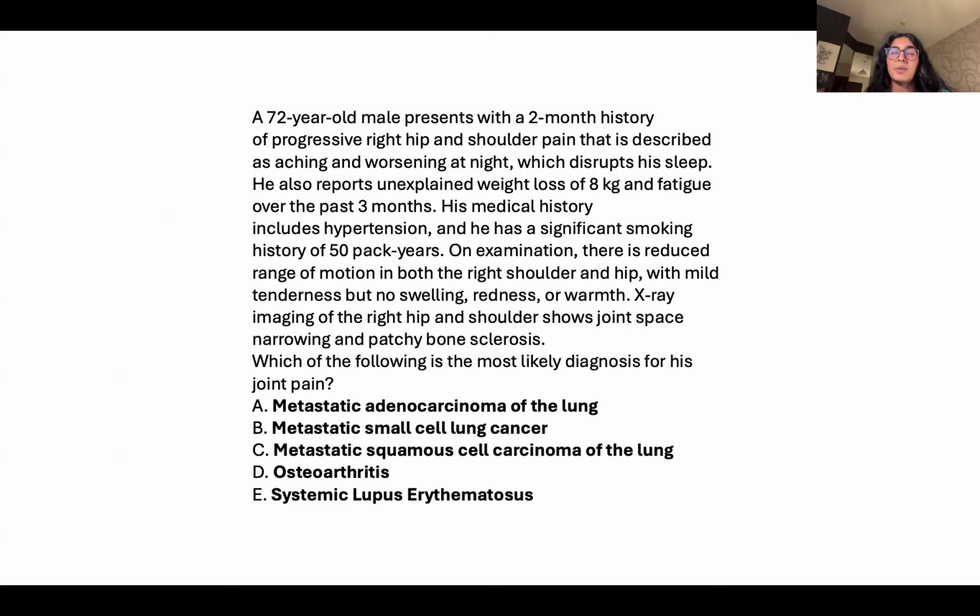So this is RESP and MSK. I'll give you a few more seconds to think about that.